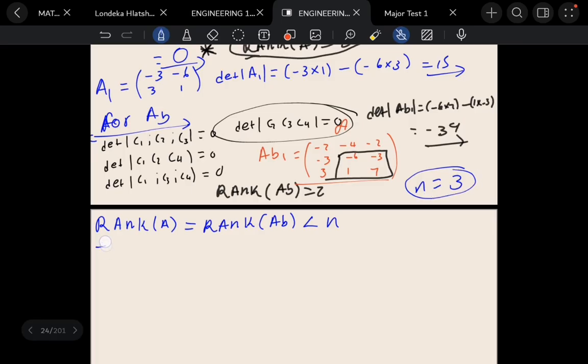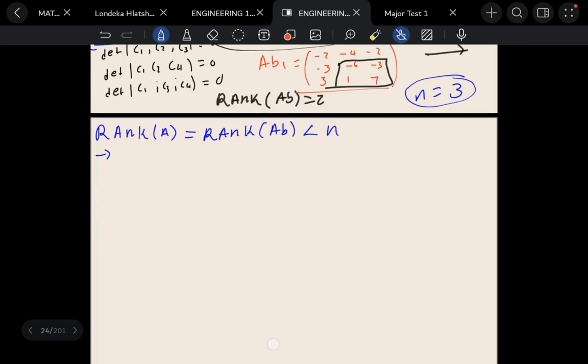So in this case, we have an infinite number of solutions. I think you are going to be good on that one.